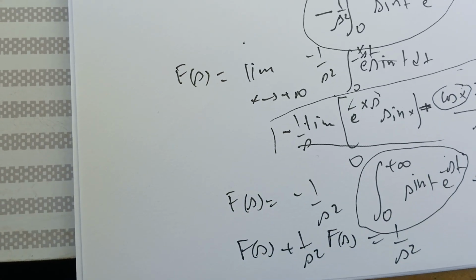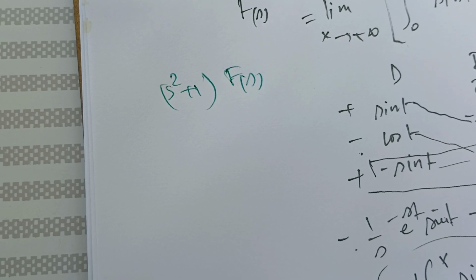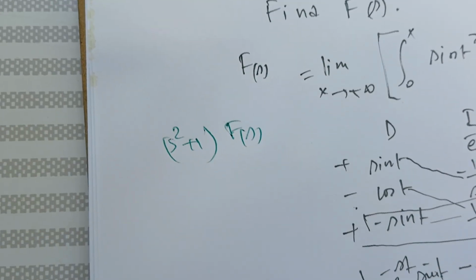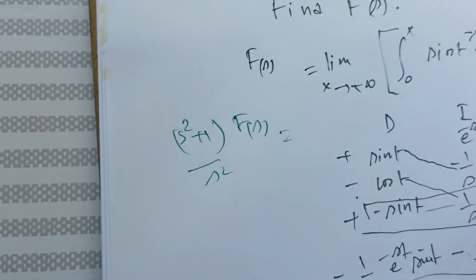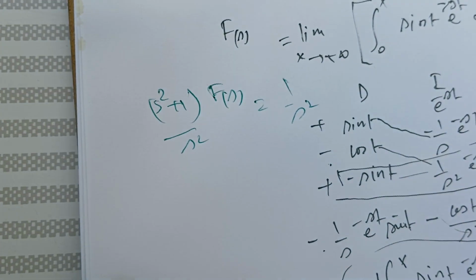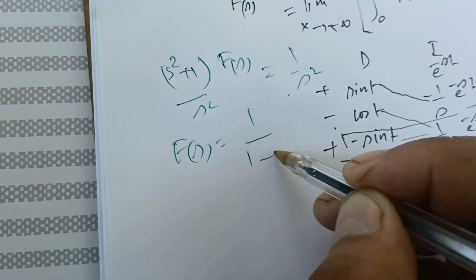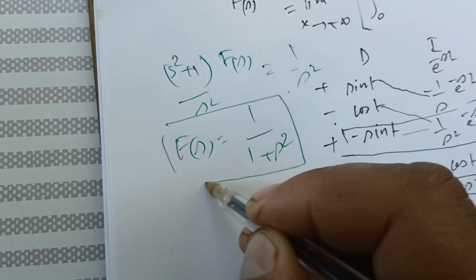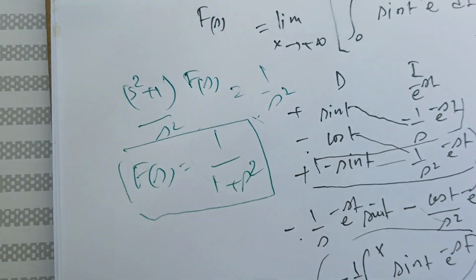Now using some algebra, I have s squared plus 1 times F of s over s squared equals 1 over s squared. And therefore F of s is 1 over 1 plus s squared. This is the Laplace transform of the sine.